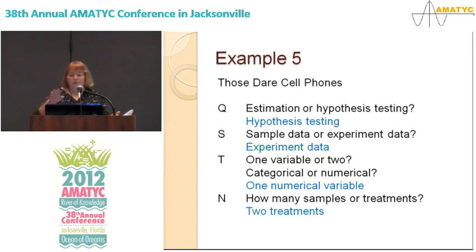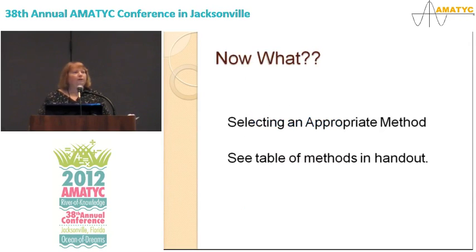All right. So we've got the answers to these questions, and like I said, I spend basically a day or so doing this, and then the question would be, now what? So the way that I use these questions is, first of all, each time I introduce a new method, we talk about what answers to these questions would lead you to this method.